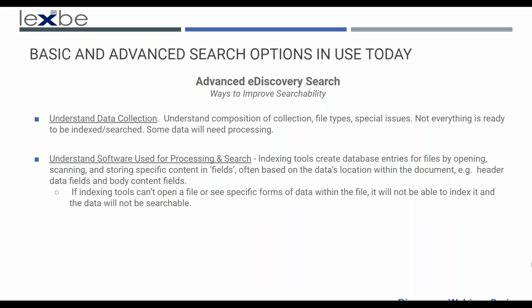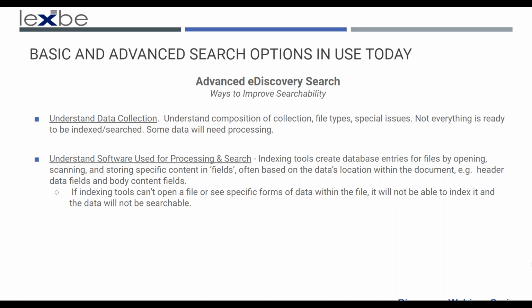Can they support the searching of text in an engineering plan? Not everything is ready to be indexed, and if it requires extra processing, you need to take that into account on the front end. Or if your results return things you're not expecting, you need to look at the document itself and make sure that the text has been extracted so that it can be indexed and then searched.